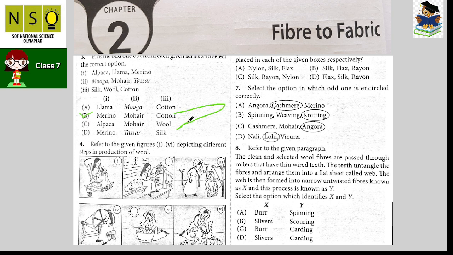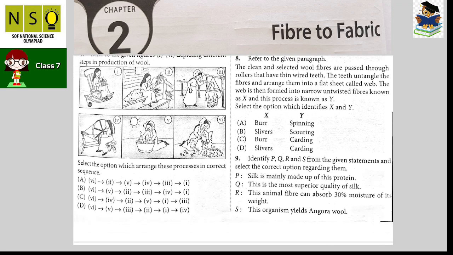Question number 4 says, just hold for a second. There is a figure. We can go through this figure, what it depicts. It depicts the different steps of the production of wool.